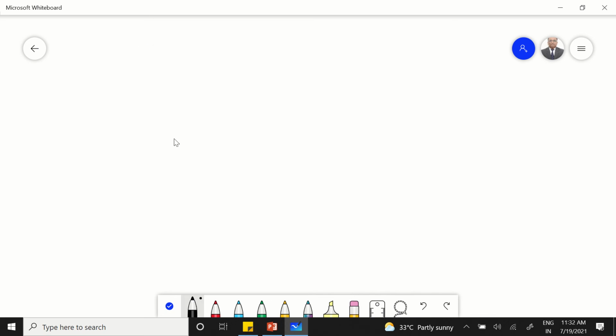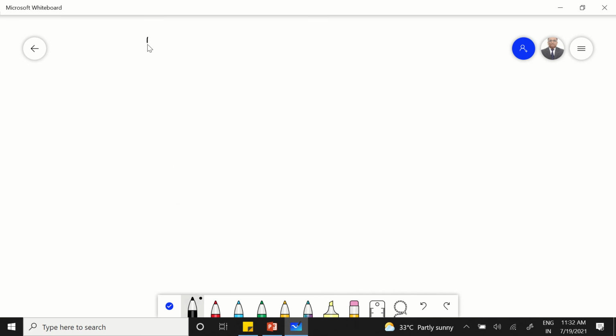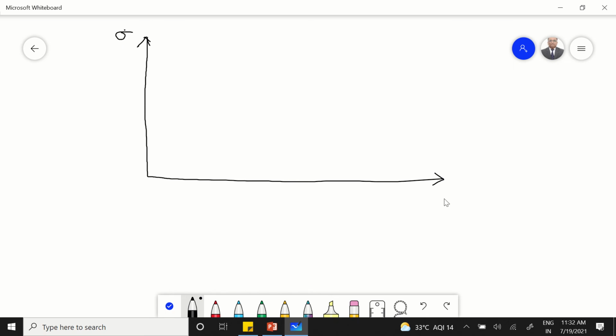It will look somewhat like this. We will draw the x and y axes first. I'm just drawing a very large line on the x-axis. On the y-axis we plot sigma, on the x-axis we plot epsilon. Let us say we start our curve from the origin and name this point number 0. There will be a straight line in the initial level, and here comes the first point. Let us name this point number 1.